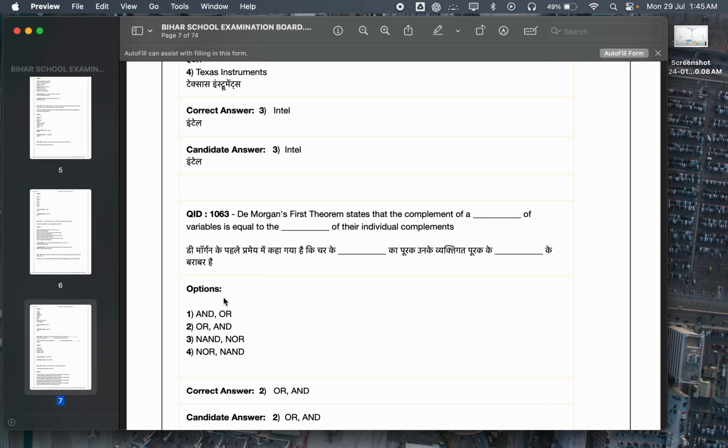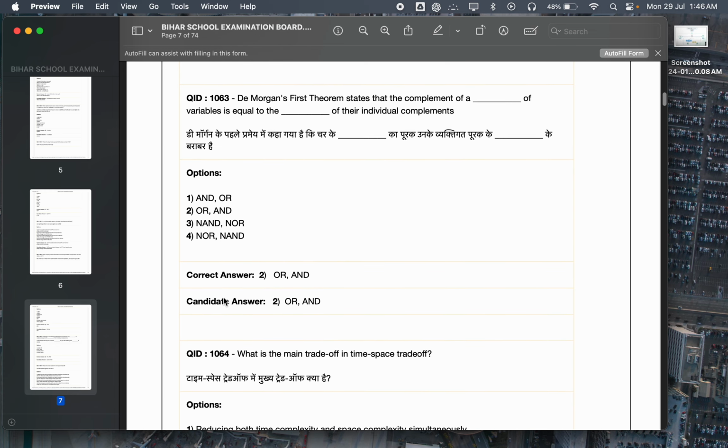So A plus B, and then there's a complement on top of all of it, is equal to the AND of their individual complements.